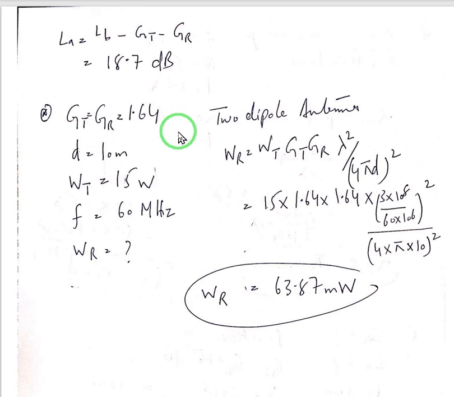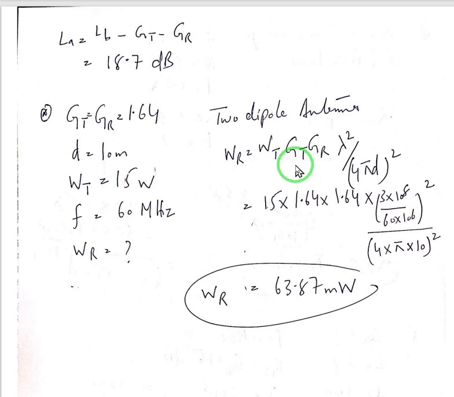The gain is given, that is 1.64 for both transmission and reception. D, the distance between them, is 10 meters. Transmitted power is 15 watts. Frequency at which this two dipole antenna is working is 60 megahertz. We have to find the receive power for this two dipole antenna.